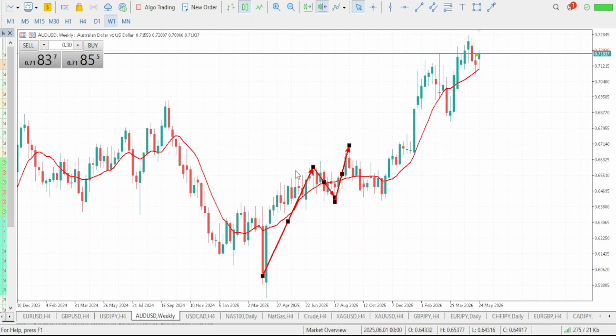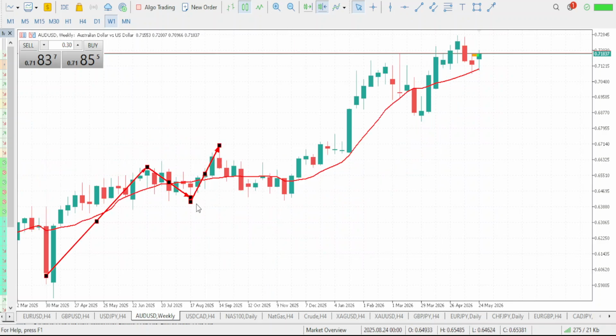If you go down to your 4-hour or daily time frame, you see that the market did give us a series of higher high and higher low that took out this previous high. Now here comes the corrective phase, which is a series of lower low and a lower high. The market was able to push up again to give us another impulsive move.